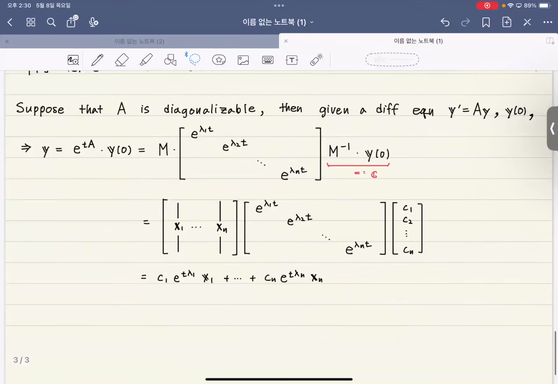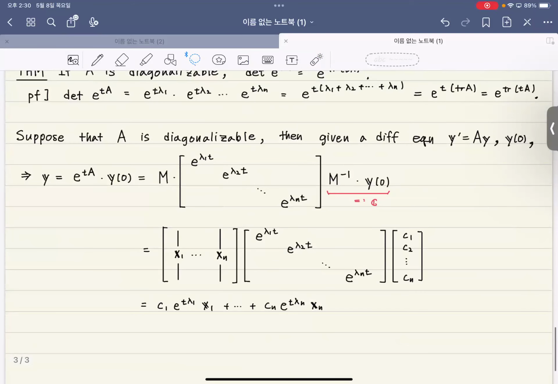Now, once you have the matrix explanation, then you can solve your system of differential equations like this. Suppose that the system of differential equations with initial conditions were given. Then my solution is the matrix exponential times the initial condition.